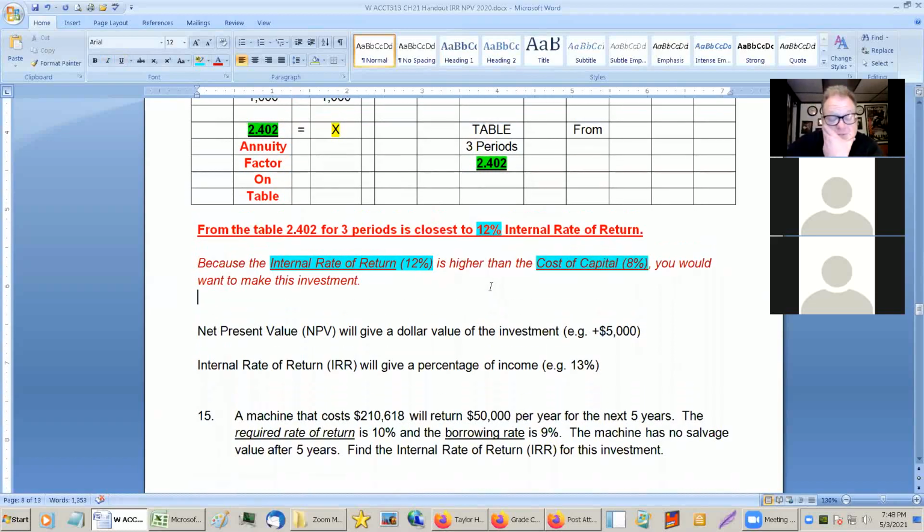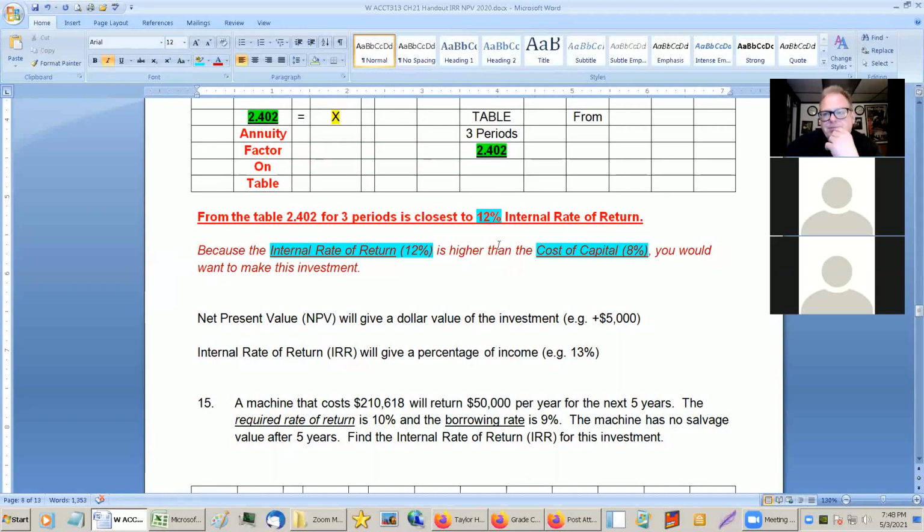So a question on that? It's sort of like you're making 12% on the money and the bank is taking 8, so you get to keep the 4. As long as it's positive, you want to do this. Question on that?